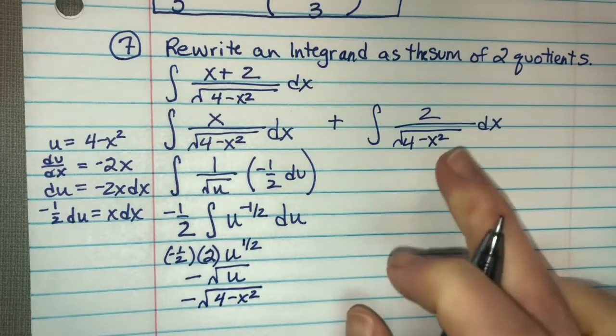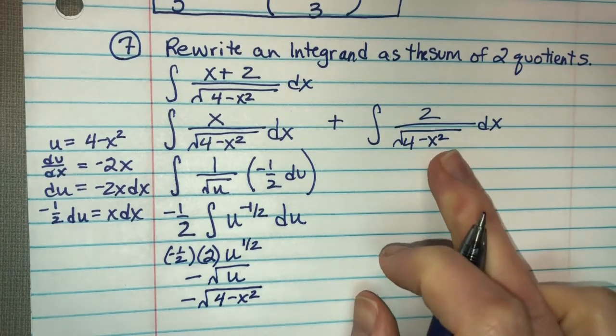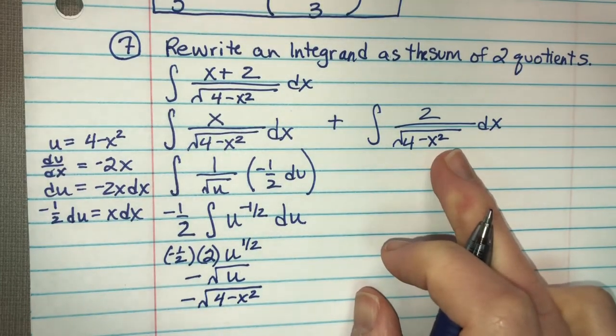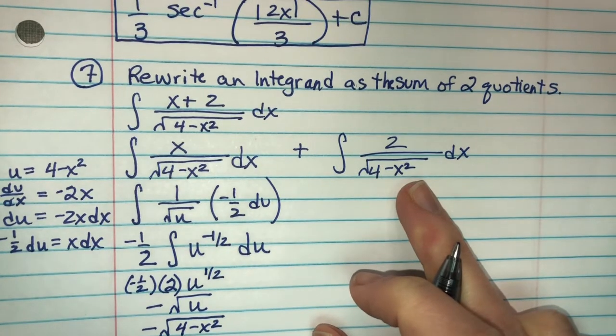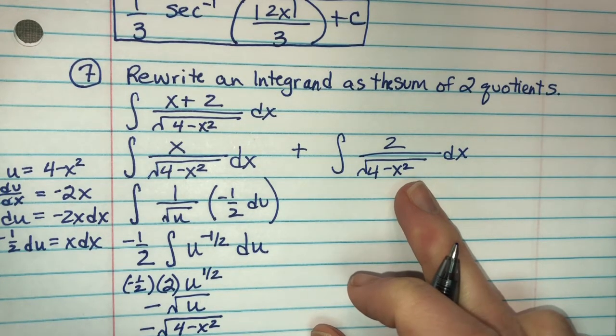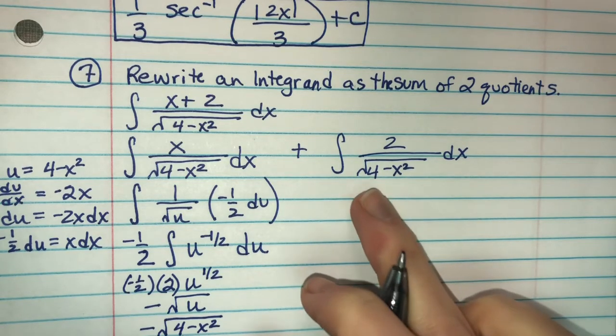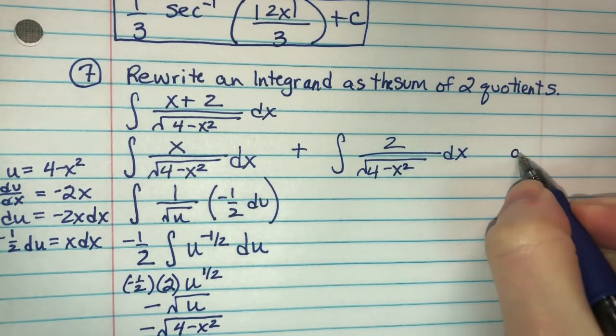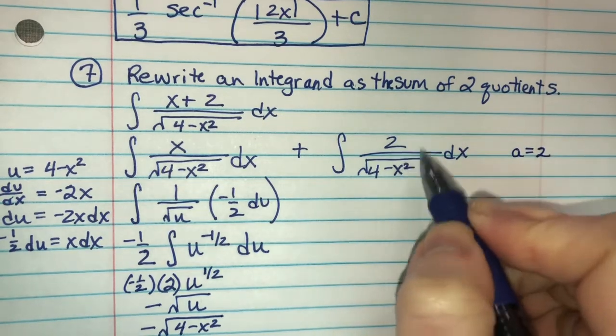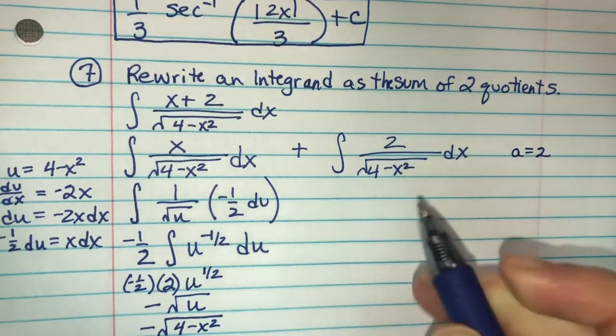And now we're going to come over here and tackle this one. So take a look over here. It looks like the inverse sine derivative, except for it's got this extra constant here. So let's think of that as an a value of 2. And this 2 on the top probably better come out in front of the integral.